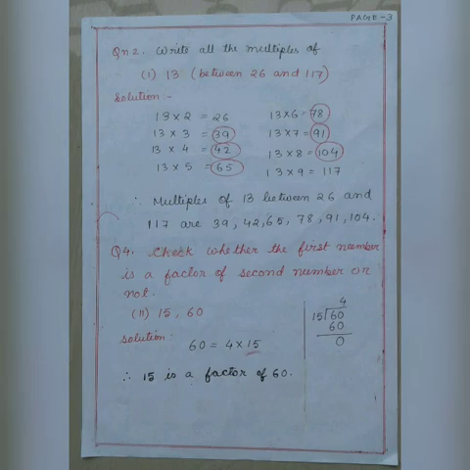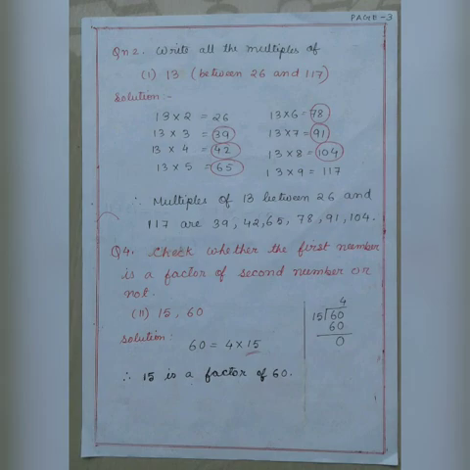So what do we have to do? We have to divide the second number by the first number. So I have divided 60 by 15, which is equal to 4. So there is no remainder, it is exactly divisible by 15, that is 60 equals 4 into 15.